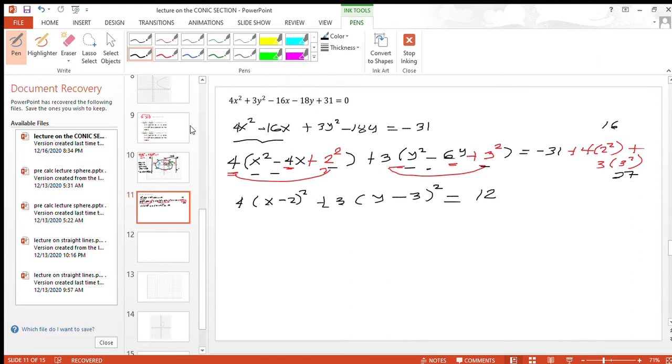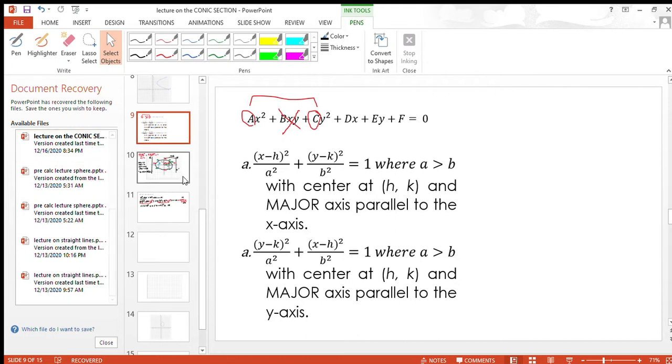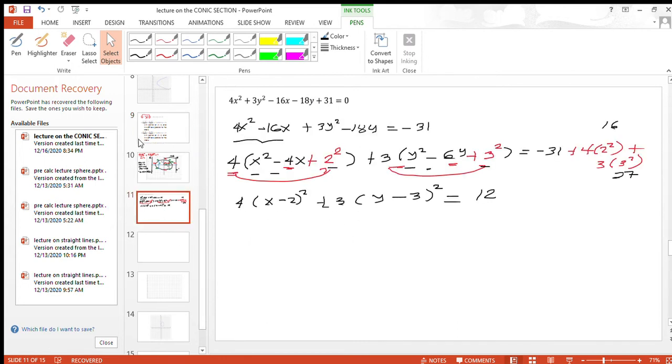Next, if you will go over the standard form, isn't it that the standard form is having a value 1 always on the right side? Look at the standard forms here. Okay, so we will imitate that. So we now divide both sides by 12.